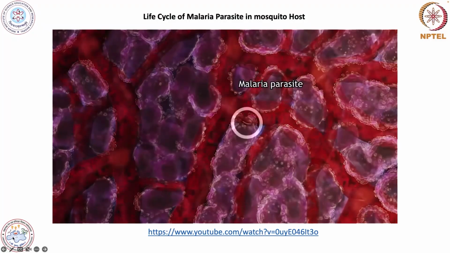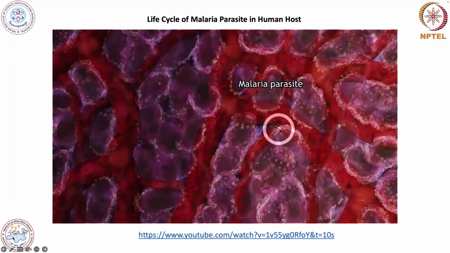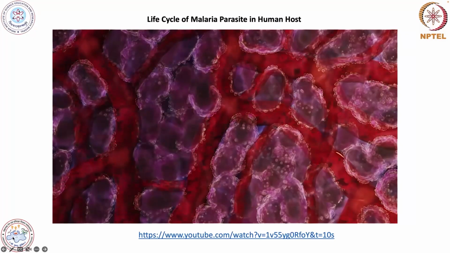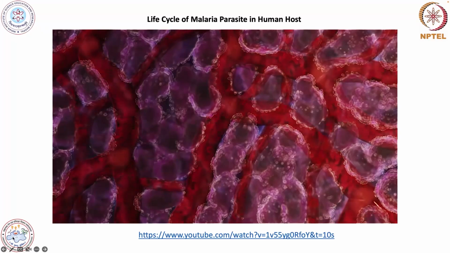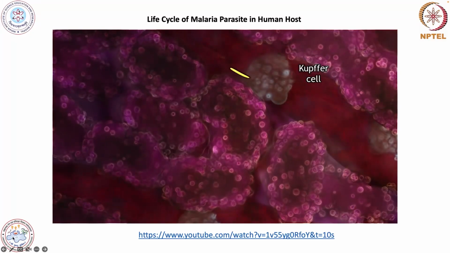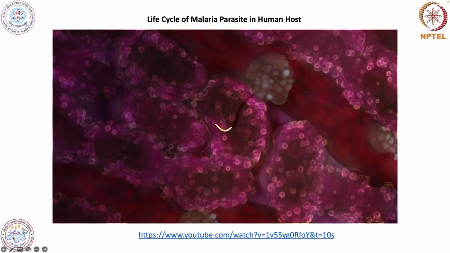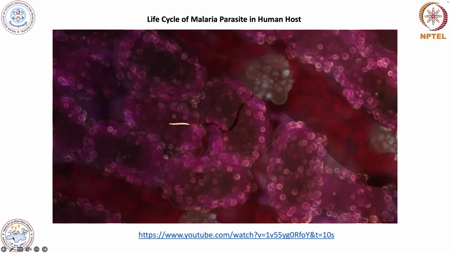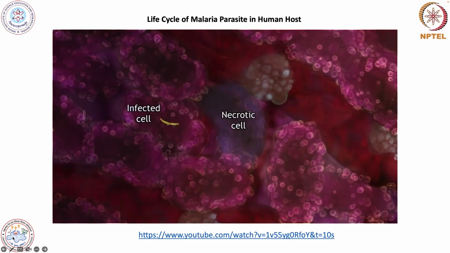Sensing its arrival at the liver, the parasite searches for an exit. A sentinel Kupfer cell is the entry point to liver tissue. Leaving the blood, the parasite infects a liver cell, killing one or more other cells on its way.